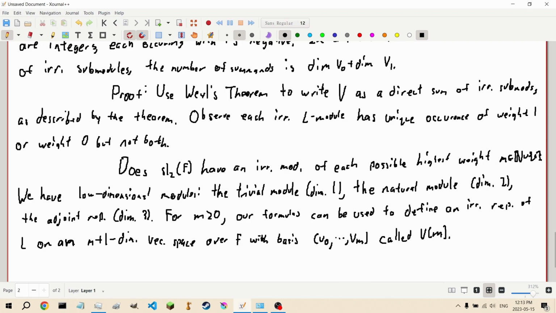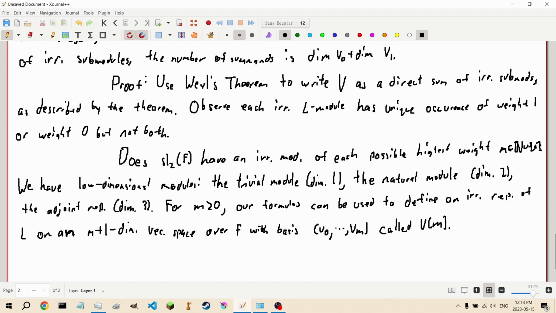Now, there's one more discussion. I don't know how much of this I'll get, but I'll go through it here. So the symmetry of Vm is clear through the exponential map.